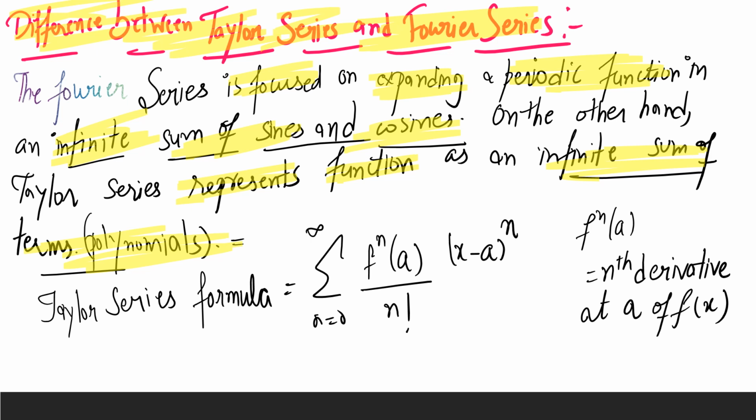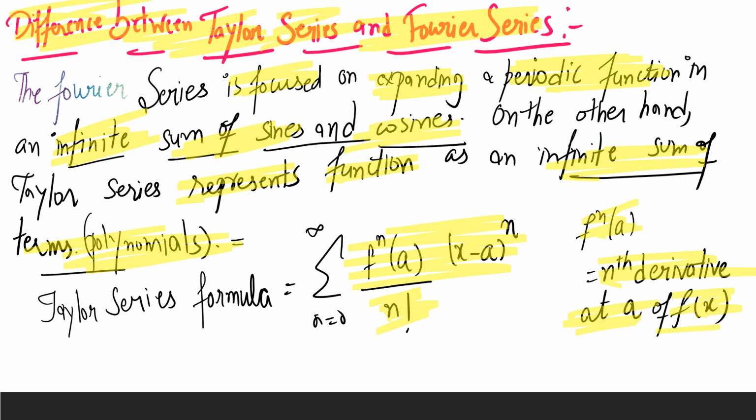What is the Taylor series formula? Summation n=0 to infinity f^n(a) (x minus a)^n upon n factorial. What is f^n(a)? That is the nth derivative of f(x) at a. We just put here the derivatives of different terms and then their polynomial, and then we put n as 1, 2, 3, and expand this series.